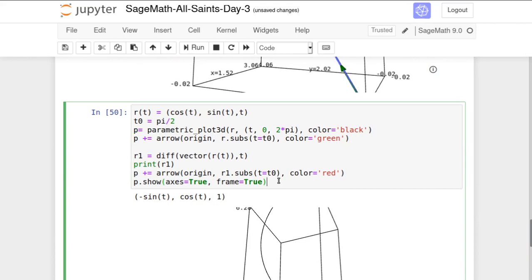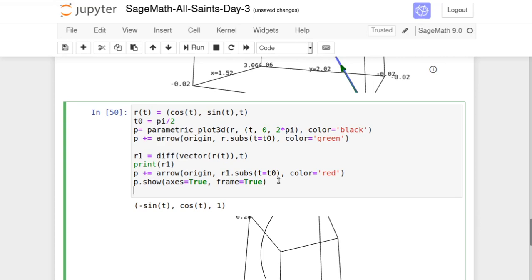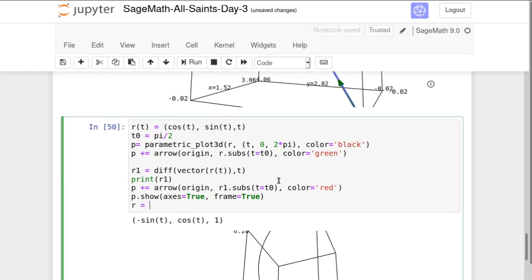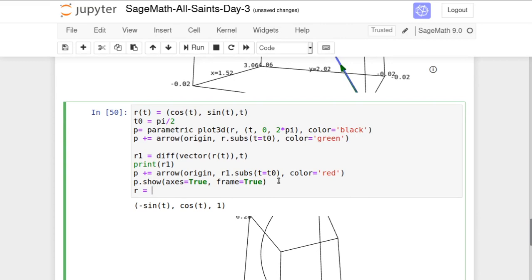The equation for the tangent line is r equal to r of t naught, r dot substitute t equal to t naught, plus t star r1 of t naught. So this is the vector equation of the line which is tangent to the curve at t equal to t naught.